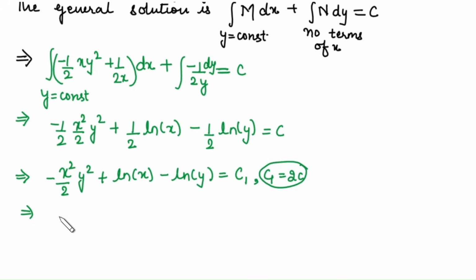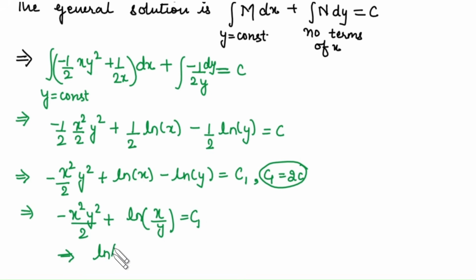More simplify this, that becomes minus x square y square by 2. Here we can write log of x by y is equal to c1. We can remove log from here. For that we need to take this term on the right hand side. Log of x by y is equal to c1 plus x square y square by 2. Take anti-log on both sides.